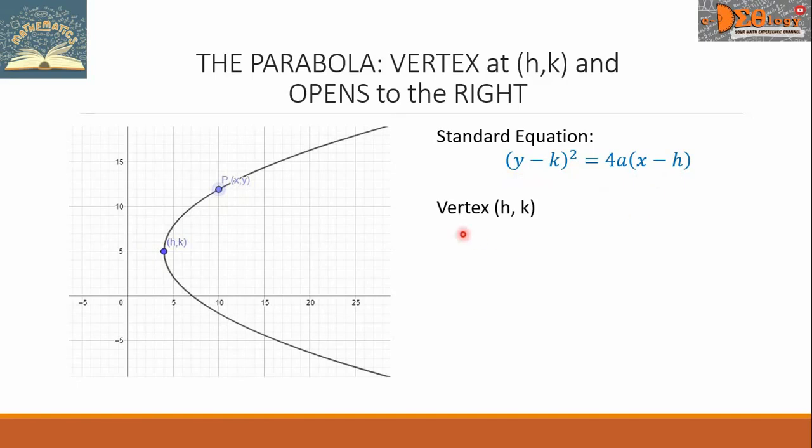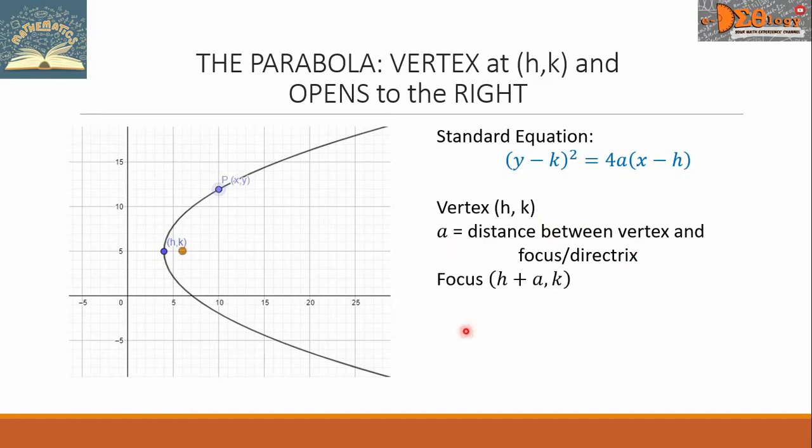Let us write again that the vertex is at (h, k). We know that this a here is the distance between the vertex and the focus or directrix. We can write now the coordinates of the focus: the x coordinate is h plus a, and the y coordinate is k.